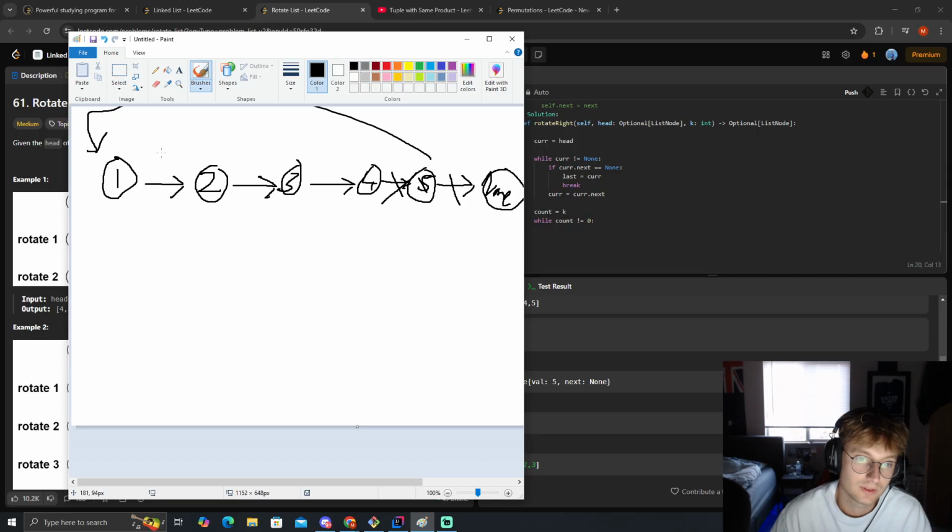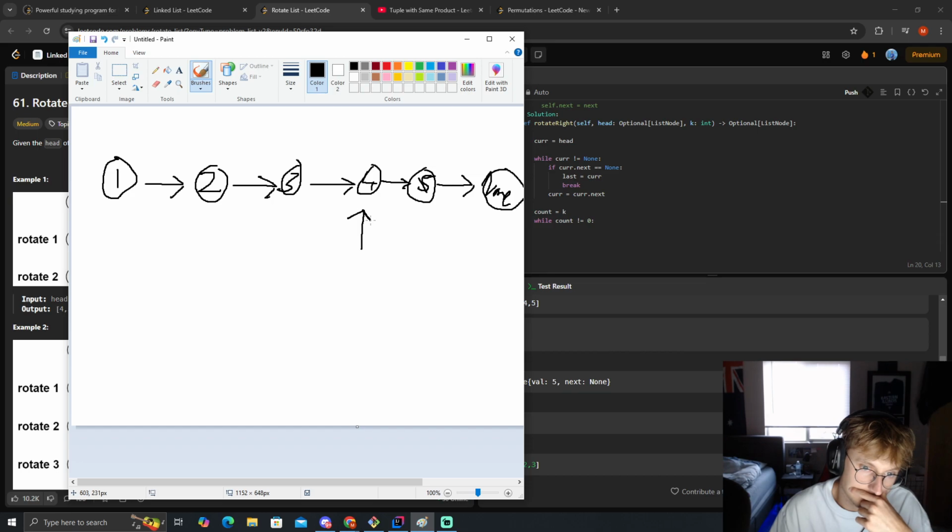And we keep going through and keep breaking the pointers, because technically, I think we can keep breaking this pointer and it'll just keep moving forward no matter what. I think. So maybe we need access to this variable right here as well.